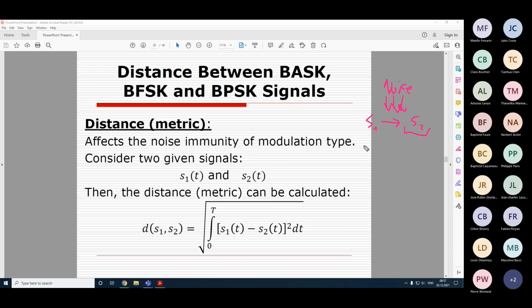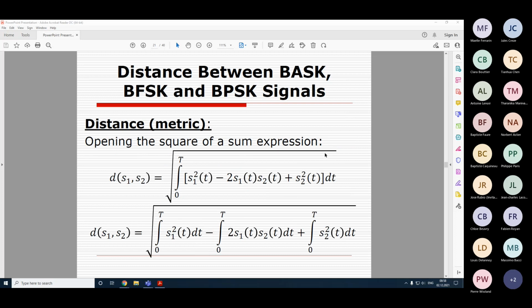If the distance is greater, then we must have more and more noise for this to happen. You already discovered that during your first practical exercise, when we had unipolar pulses, 5 and 0 amplitude, and we had an NRZ signal. There we had a greater distance, and accordingly you had to reduce the signal to noise ratio in order to get the same amount of errors. So it's like this also here.